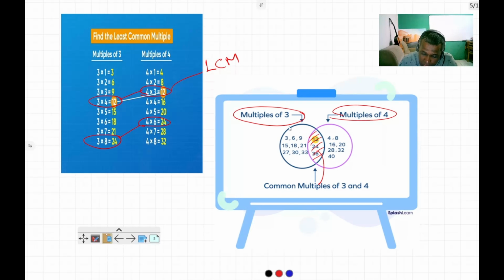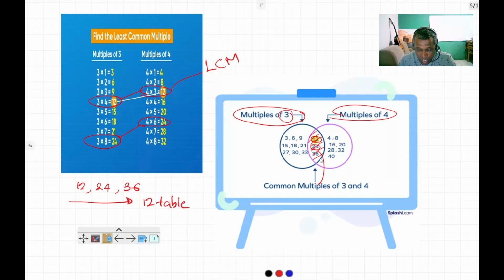Whatever other multiples of 3, for example, multiples of 3 are 3, 6, 9, 12. 12 is coming to the center. Why? It is common. Next comes 24. 24 is also coming to the center. Next one is 12, 24. Next is 36. Why? It is on the 12 table.